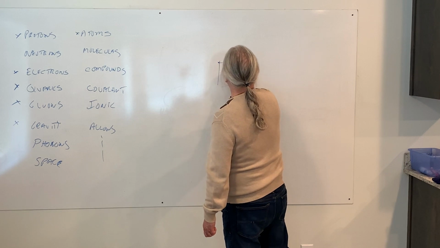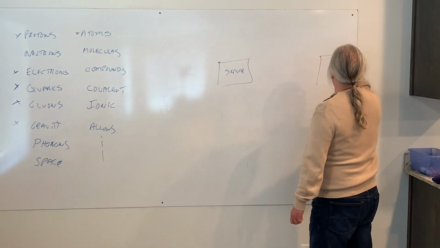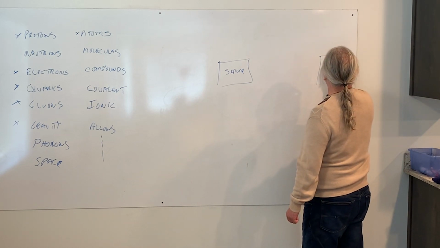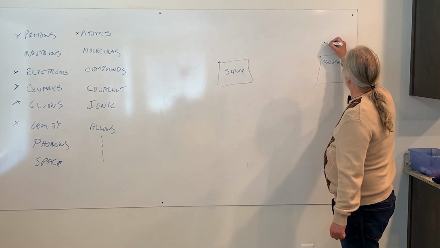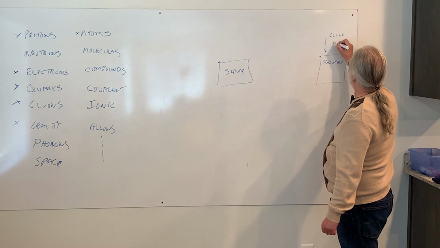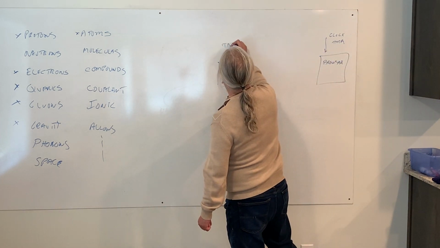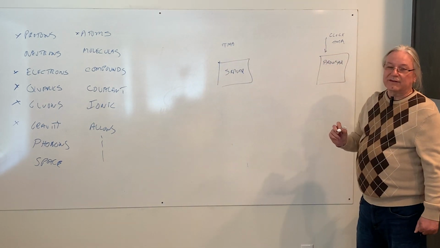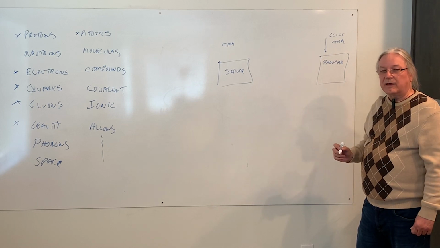Let's say I have a server here and a client browser or some application. Let's just call this a browser. And this thing is running on its own computer with its own clock, which means it has time. The server has time. But we expect time to stop in a photon because it's moving at the speed of light.